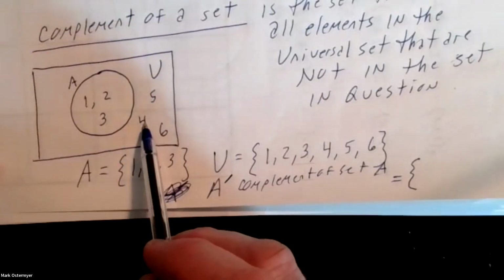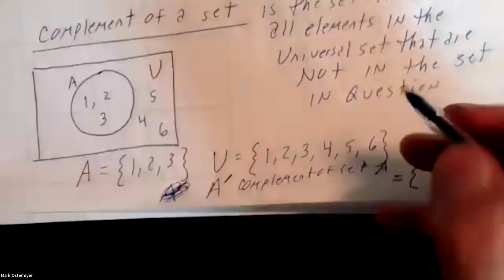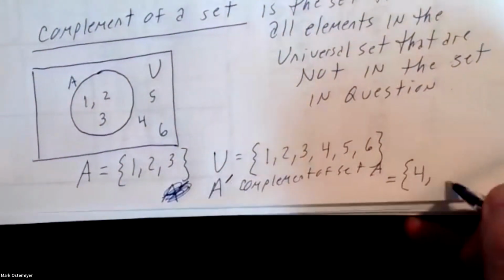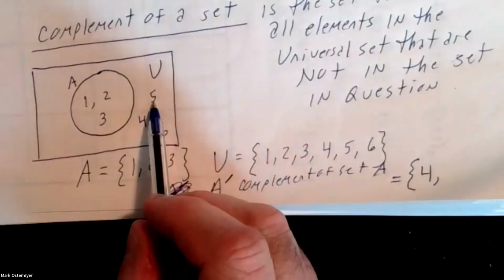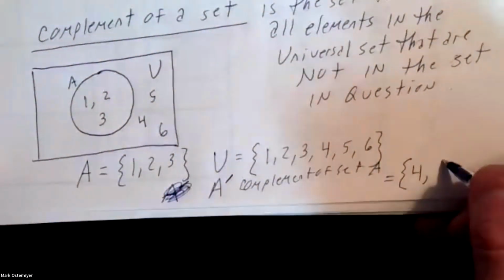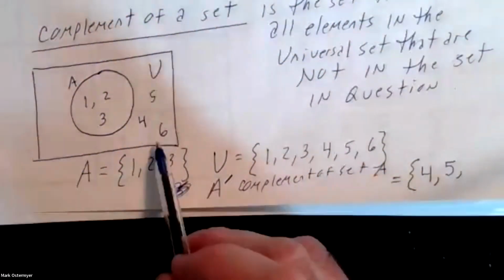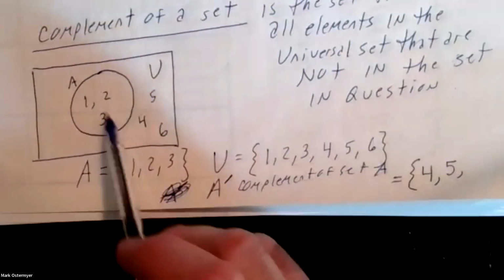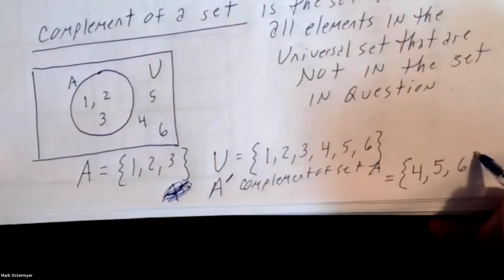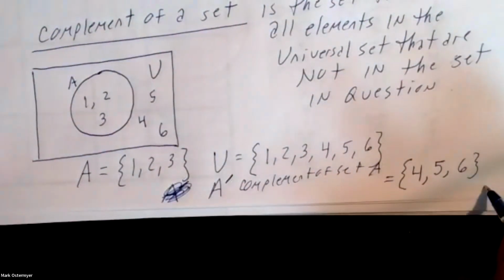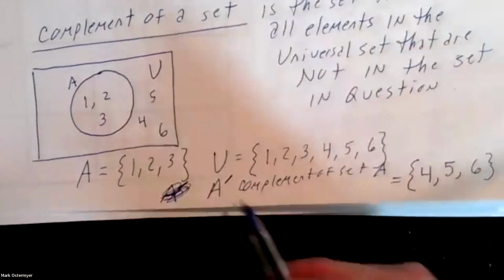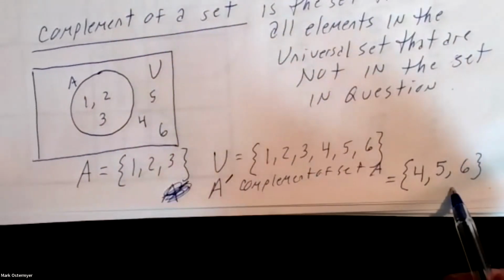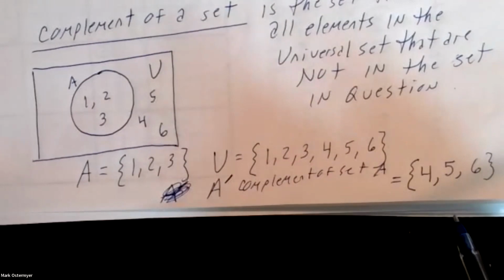Well, 4 is in the universal set, but 4 is not in set A. So 4 would be found in the complement of set A. 5 is in the universal set, and yet 5 is not found in set A. So 5 would also be in the complement of set A. 6 is in the universal set, but 6 is not found in set A. So 6 would also be in the complement of set A. So again, the complement of a set is a set consisting of all elements that are found in the universal set that are not in set A. That's called the complement of set A. Any questions about the complement of a set?